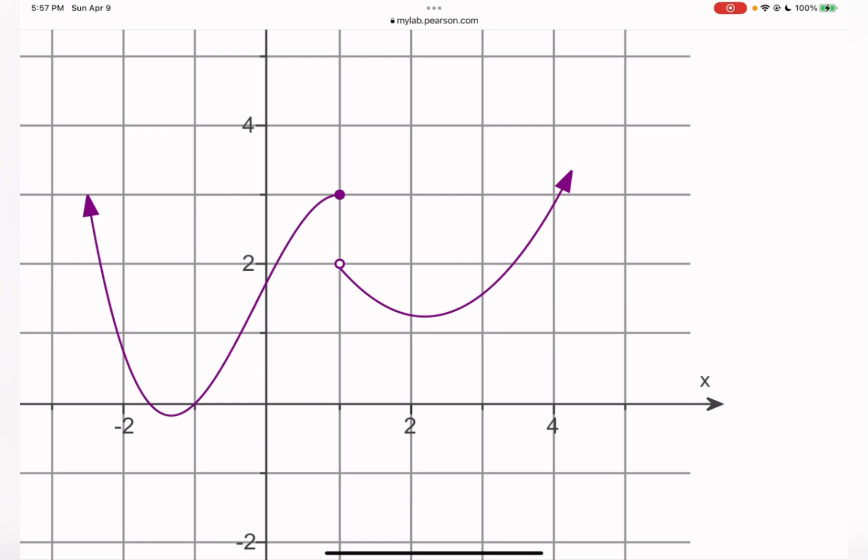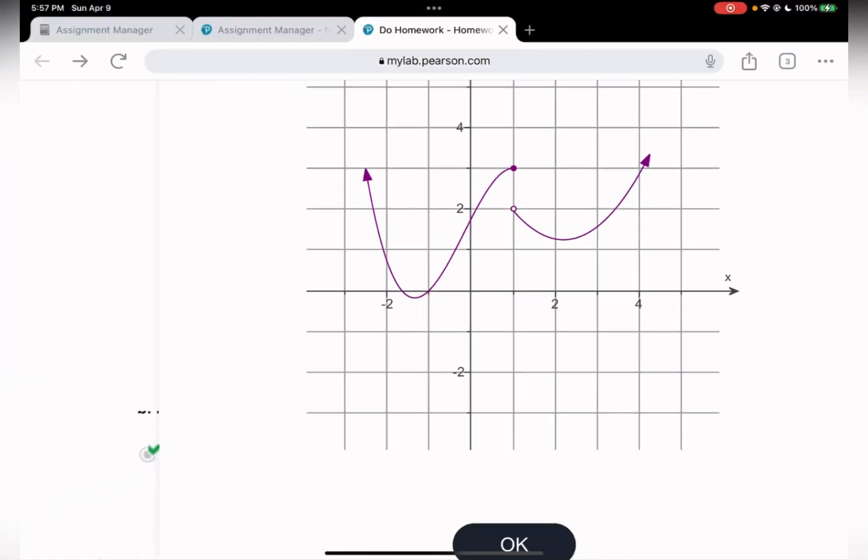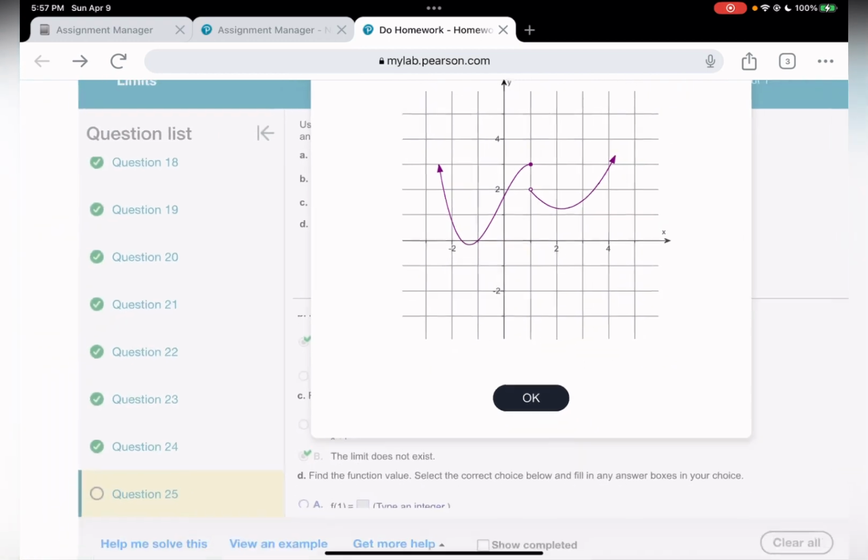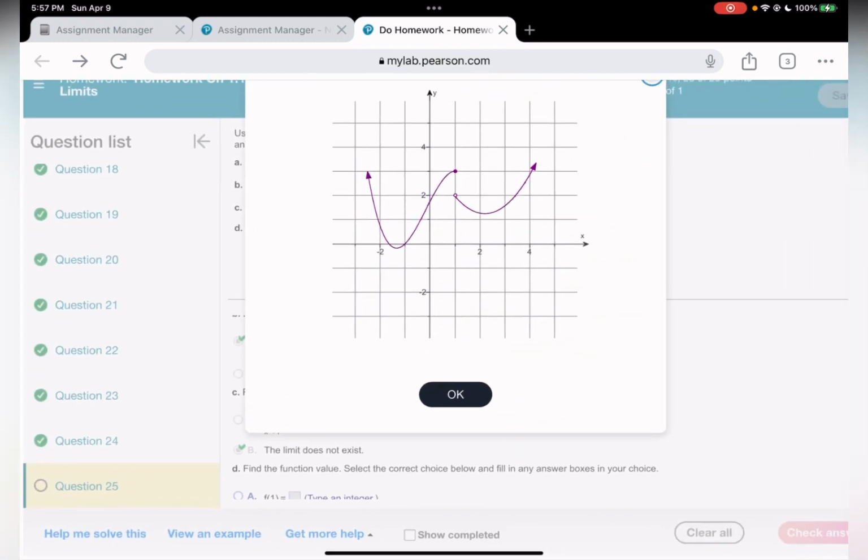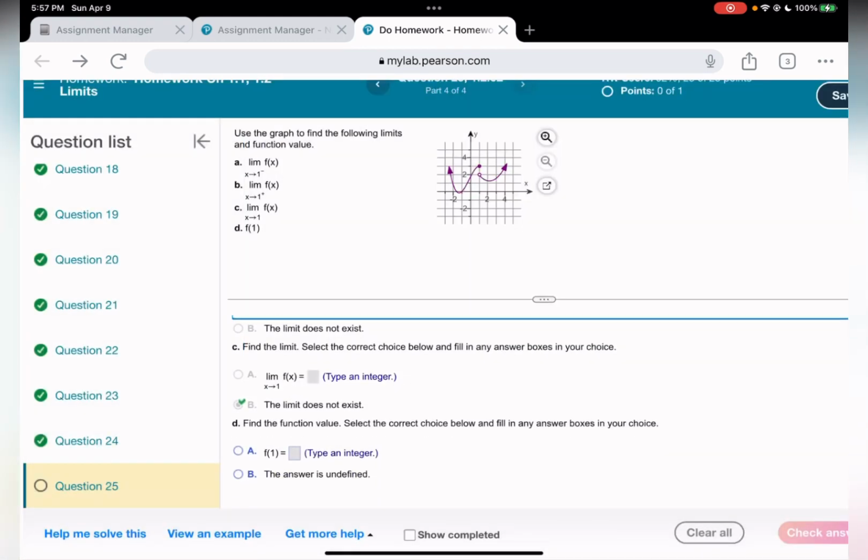Okay? To get the real value, it's a continuous value. That's the 3. When x is equal to 1, y is equal to 3, because it's filled up. It's a continuous graph ending with a filled-up point. So I put 3.